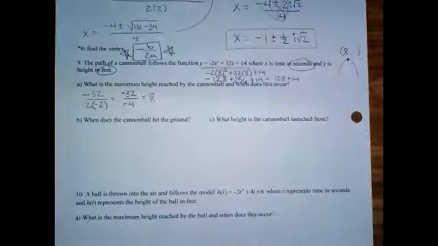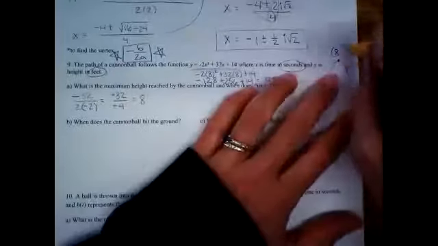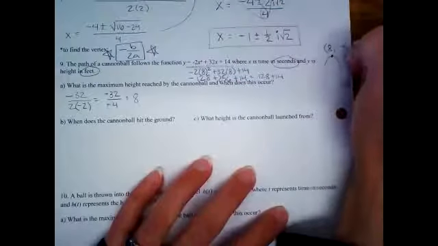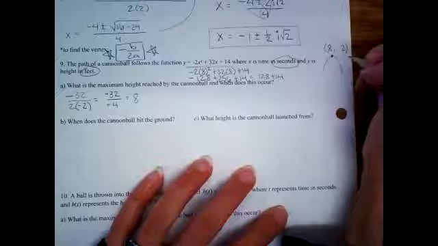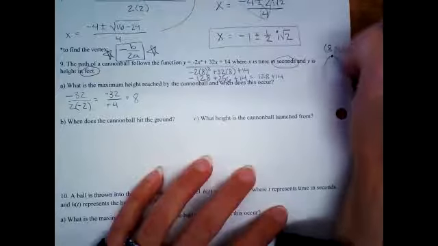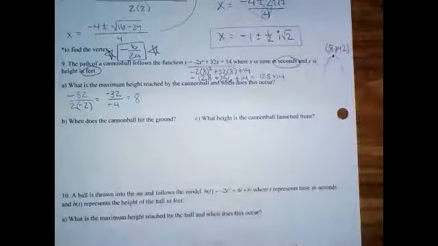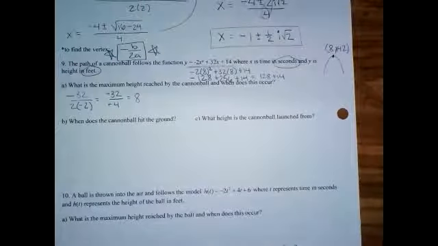Again, this is a situation I'd probably give you a calculator, but I figured we'd talk our way through it. So what is that going to be? Okay, so 142. So 8 comma 142. Remember, you write maximums and minimums backwards.